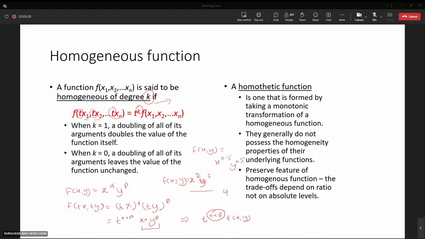When we solve the utility maximization problem, we have to look at one important condition: the marginal rate of substitution equals the ratio of prices. And the marginal rate of substitution is basically the ratio of marginal utilities, right?